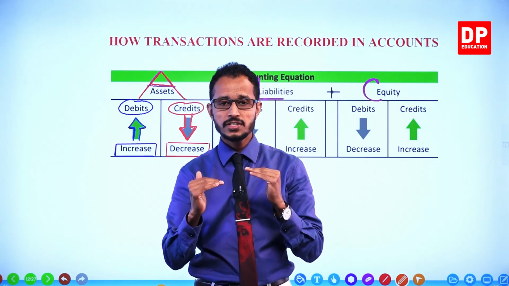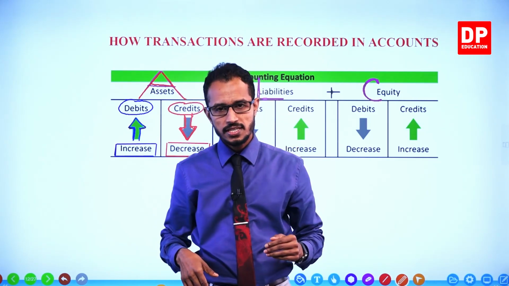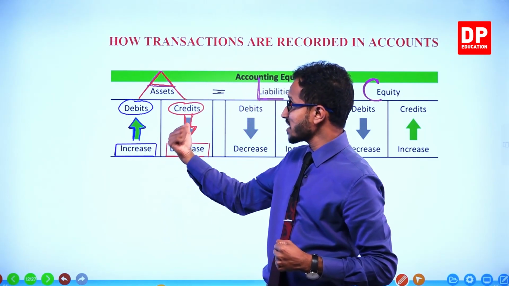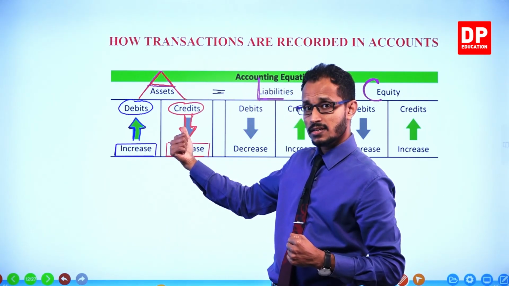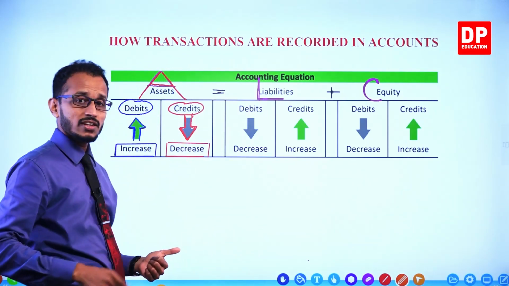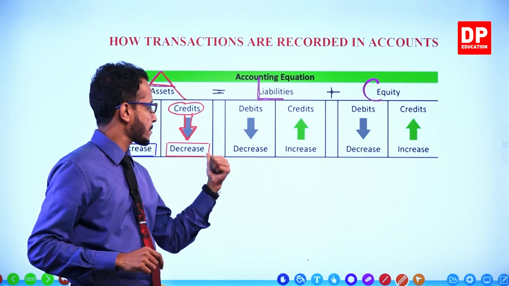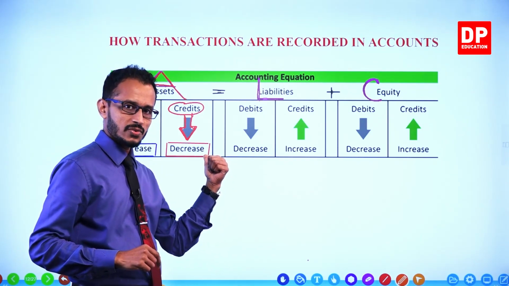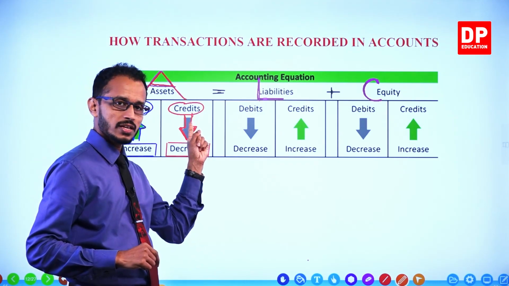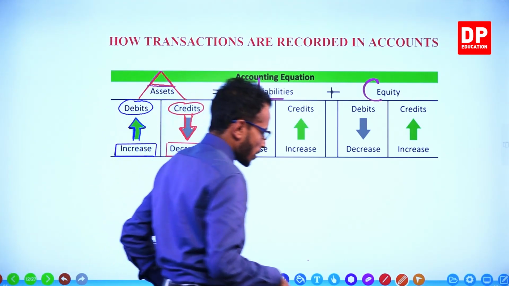At the same time, furniture increased and cash decreased, which means cash asset decreased. Now you know to which side of the cash account that 50,000 should go. Decreasing assets should go to the credit side. It's good. All good, right?